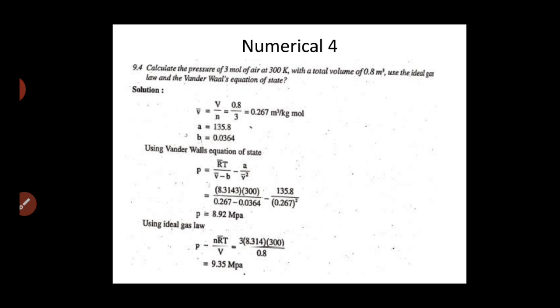Now using the Van der Waals equation of state, we know that P is equal to R bar T divided by V bar minus B, minus A divided by V bar square.